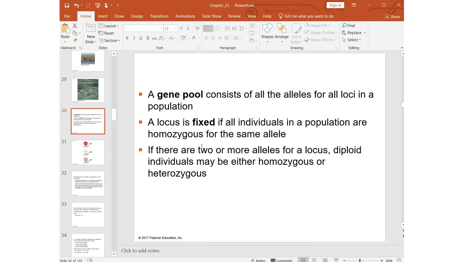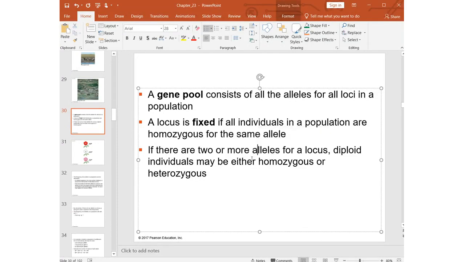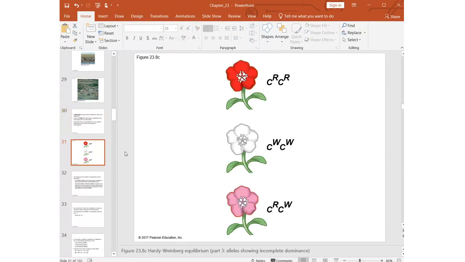So if a gene has two or more alleles, then diploid individuals can be either homozygous, having two alleles that are the same, or heterozygous, having two alleles that are different. And here's a good example with snapdragon flowers.